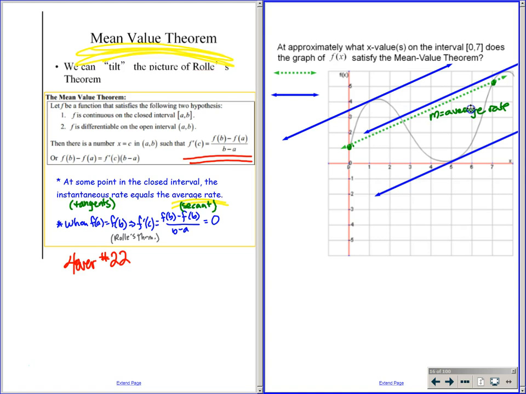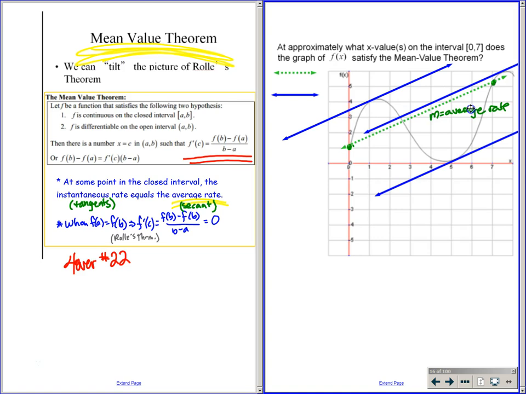No. The AP loves to ask things like, how many are guaranteed, or how many times will MVT be satisfied, giving you a graph, which is a little confusing unless you realize this positive slope will only be realized, look at those curvatures, right?